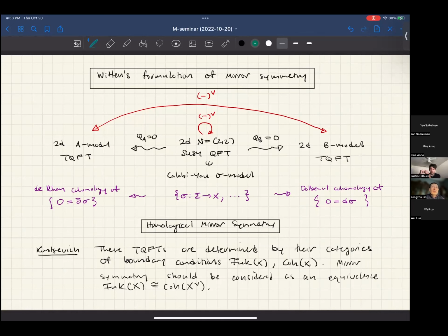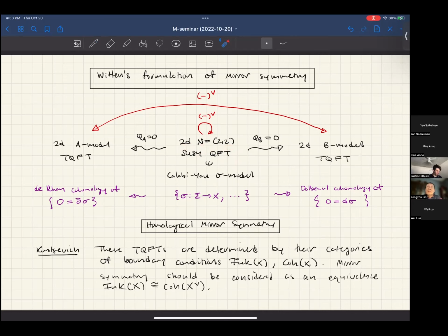So let me go ahead and start with some context for the kind of thing that I'm trying to do. People are all very familiar with Witten's formulation of mirror symmetry, which is that there are certain kinds of quantum field theories, 2D N=(2,2) to be specific. This is referring to the dimension of spacetime, and N=(2,2) tells you how much supersymmetry they have.